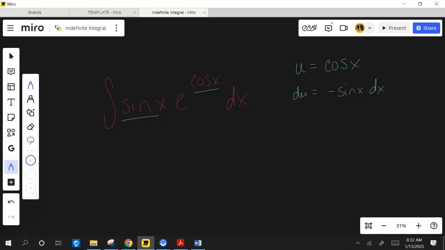Is everything contained within my integral? What's missing? The negative. I can make that happen though, because if I put a negative here and counter it with a negative here, I haven't changed the value of anything. Two negatives make a positive.